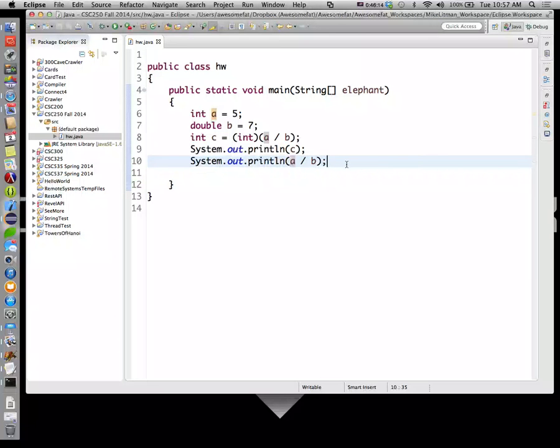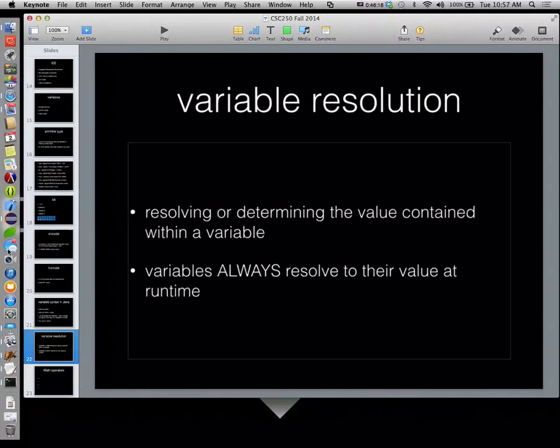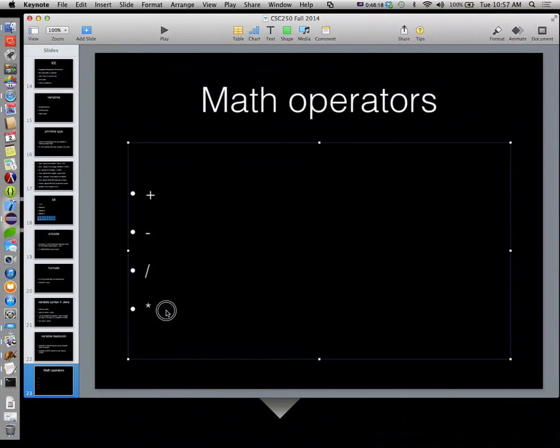Correct? So we have another math operator to show off here. This is the modulus operator. And this is for integer division, long division. This gives us the remainder of integer division.